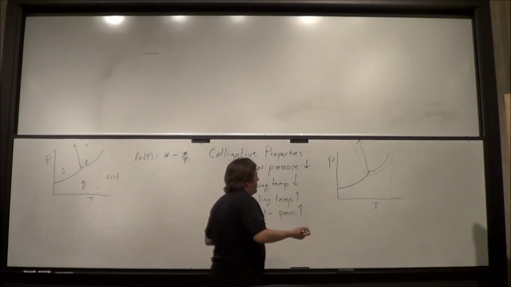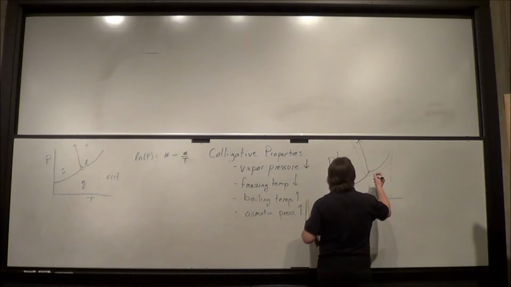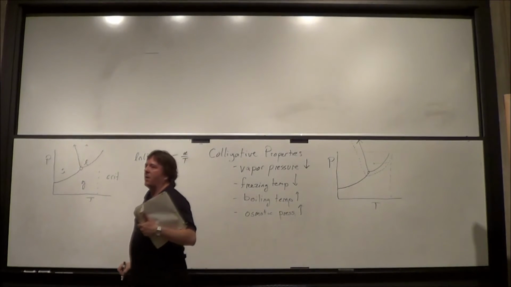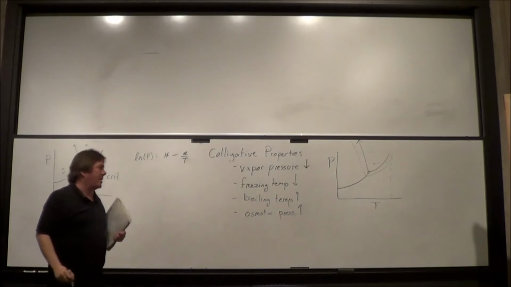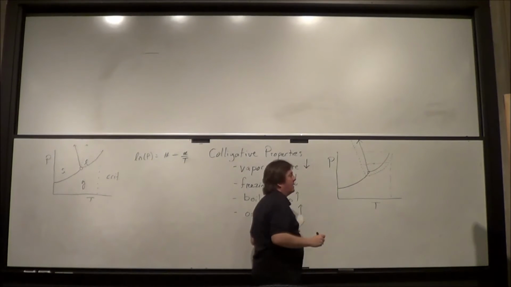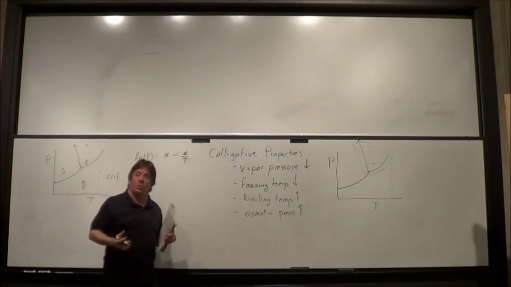So now, let's look at every effect. Okay, so boiling point. Instead of boiling here, we now boil here. Right? So the boiling point has gone up. Okay, melting, or the opposite of fusion, instead of occurring here, now occurs there at a lower temperature. All right, so we melt at lower temperatures.